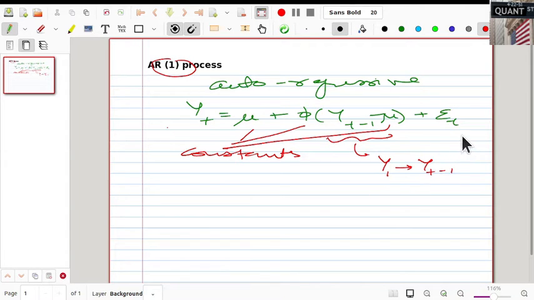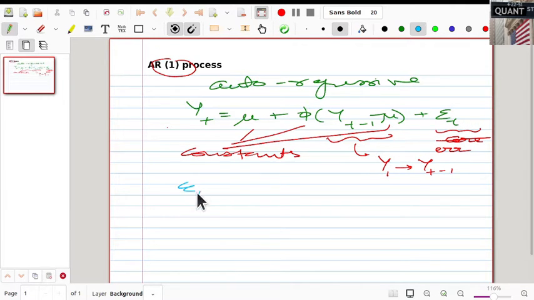And finally, the last component is epsilon t, which we can call an error term. And it's modeled as weak white noise.